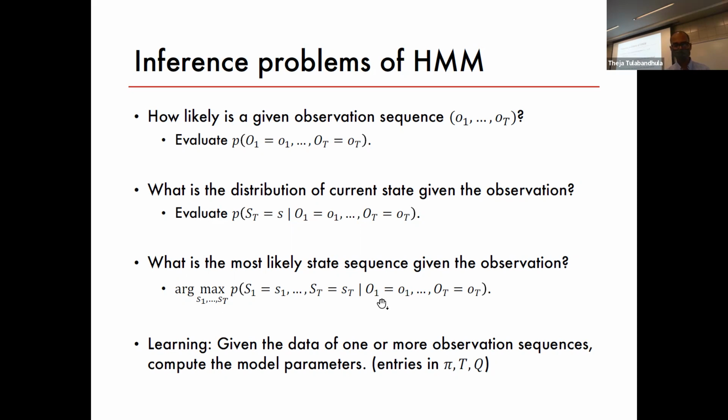Okay. You can always ask a more expanded version of this problem, which is the next version: given the observations that you observed so far, O1 to OT, what is the full collection of hidden states, what is the most likely collection of hidden states? Remember, there's an extra argmax here. This is not exactly the full version, because in the previous version, I just want to evaluate the probability, given the current observation sequence, of the hidden state being some value, maybe among n possible values.